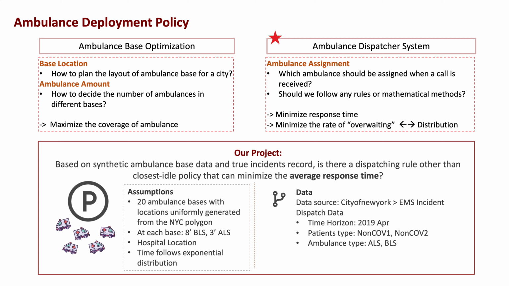We got data from the city of New York with EMS incidents and selected the data from April 2019 as an example. We divided the patients into two types, non-COVID-1 and non-COVID-2. And we also divided the ambulances into two types, ALS and BLS.